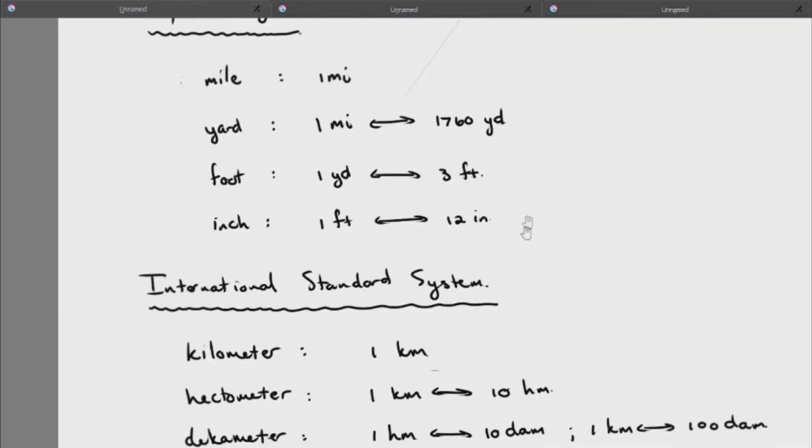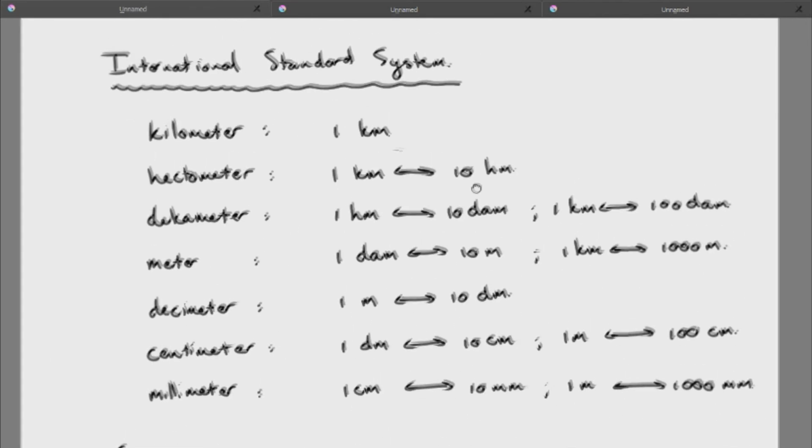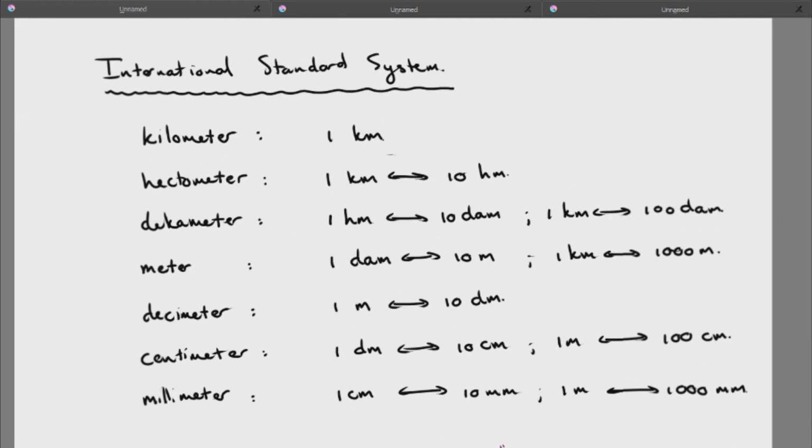Shouldn't our conversions be based in tens as well? That'd be way more efficient. So luckily they did that, and the international standard system is pretty much used by everyone, but there are still some cultural ties to the imperial system.